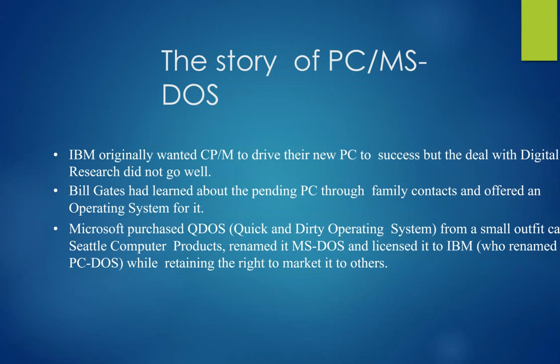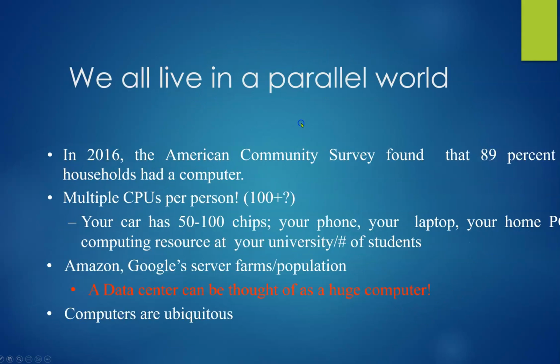Bill Gates had learned about the pending PC through family and offered an OS. What he did was buy QDOS, Quick and Dirty DOS, from a small company, rename it MS-DOS, and license it to IBM, who renamed it PC-DOS while retaining the right to market to others. So that's why back in the early days you saw both PC-DOS and MS-DOS, but they were the same thing.